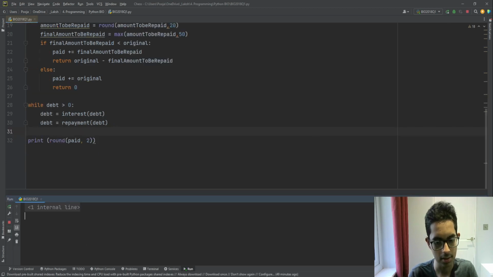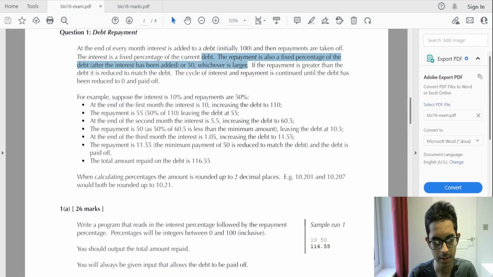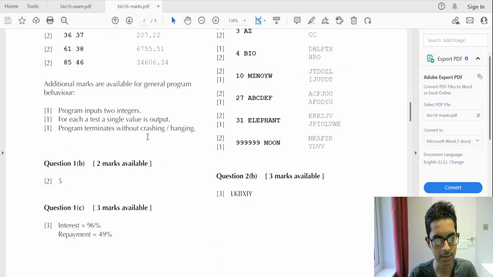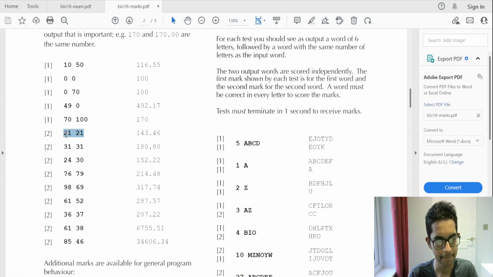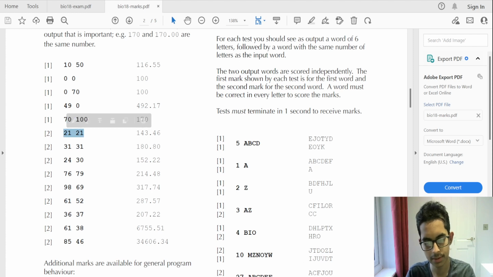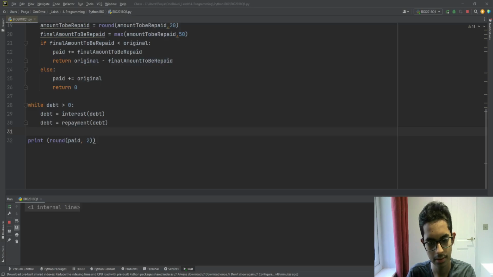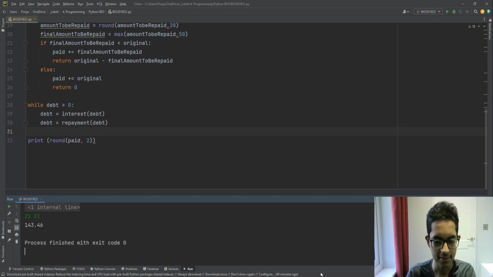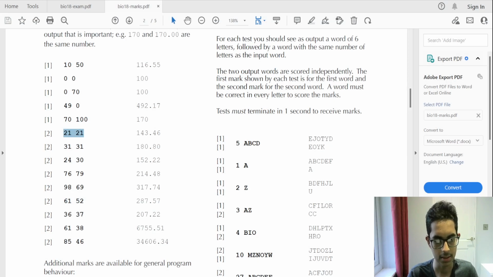So now if we just go to the mark scheme and test it on a few sample inputs. So let's go here. Maybe let's just test it on this one. It basically gives us 143.46, which if we go back to the question is the correct answer.